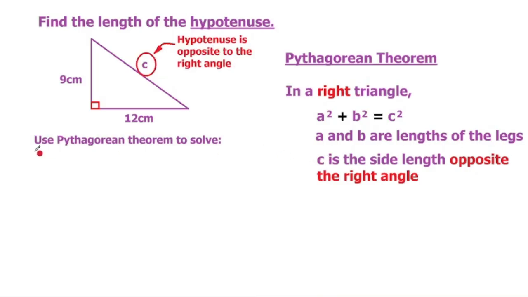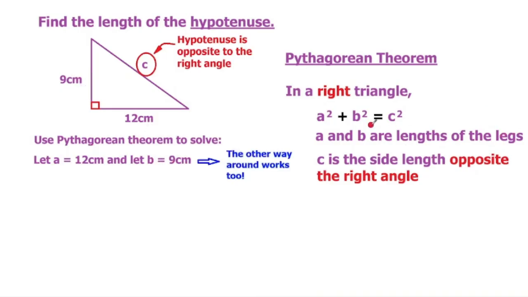So we can use Pythagorean theorem to solve this. We can figure out what C is by using this equation. So we could let A equal 12 centimeters and B equal 9 centimeters. And one little thing to remember here, the other way around works too.